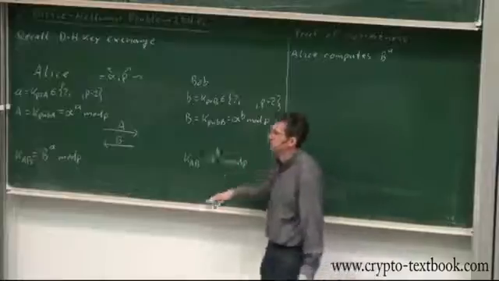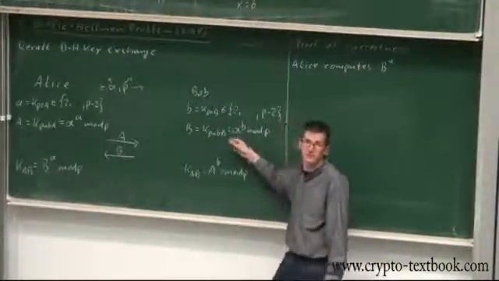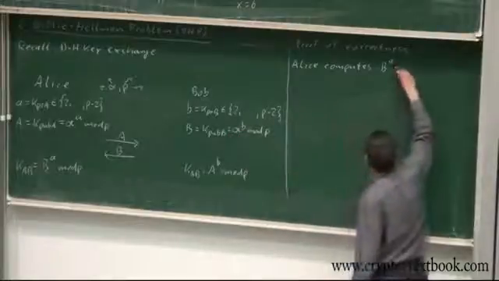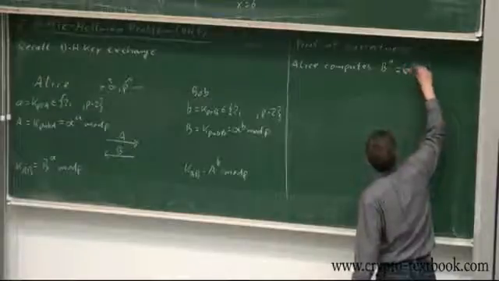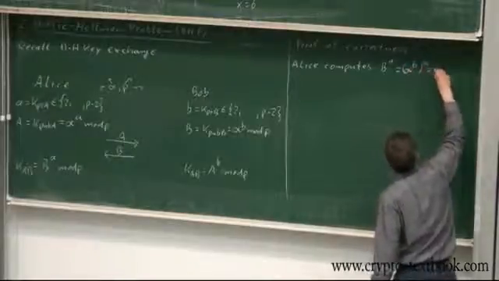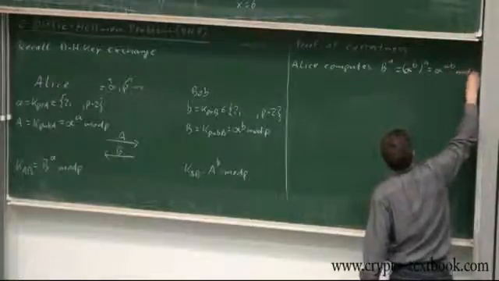Well, let's see where B is coming from. Bob computes B in this way here, so we simply substitute that. So we get alpha to the b to the a, so this is obviously alpha to the ab mod p.